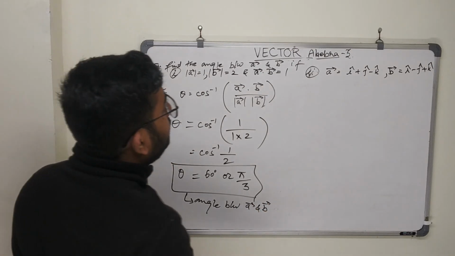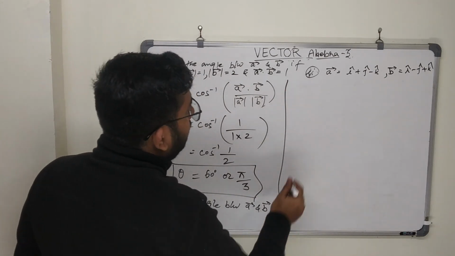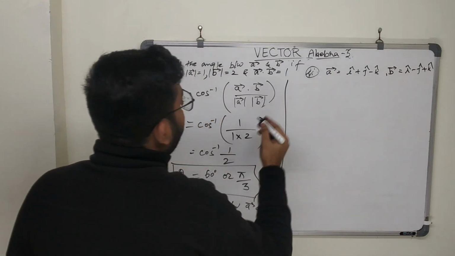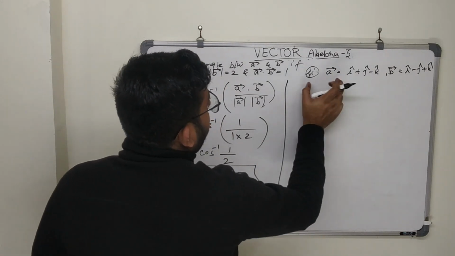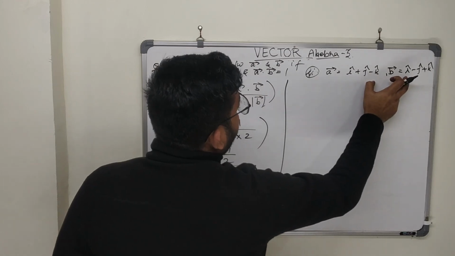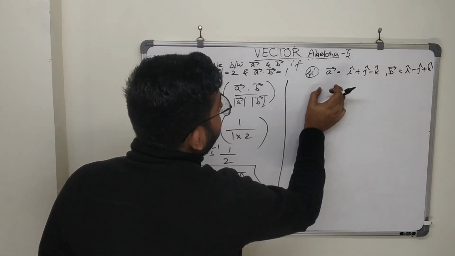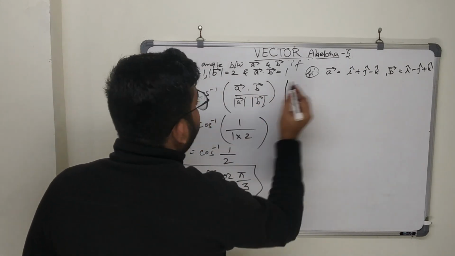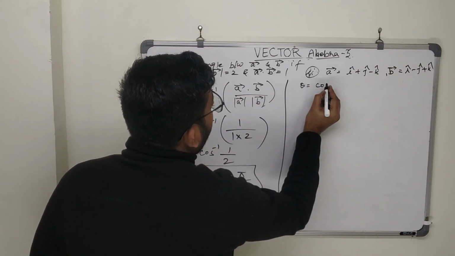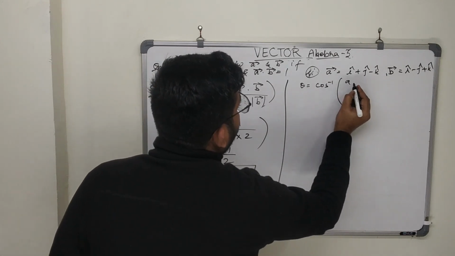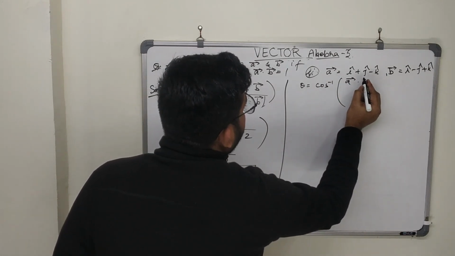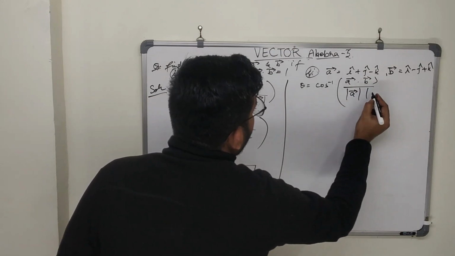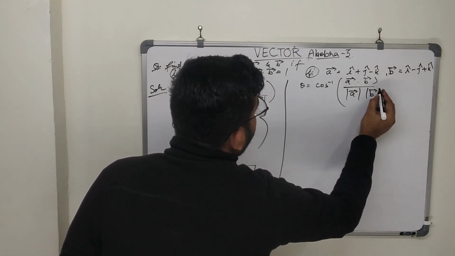Now the second part of this question: a vector and b vector are given in component form. So we can calculate the dot product of a vector and b vector, and also the magnitude of a vector and b vector. So now finding theta, that is equal to cos inverse of a vector dot b vector upon magnitude of a vector into magnitude of b vector.